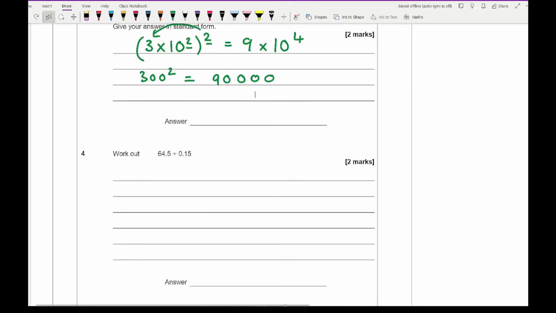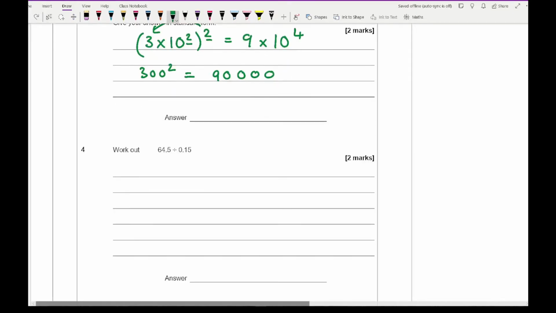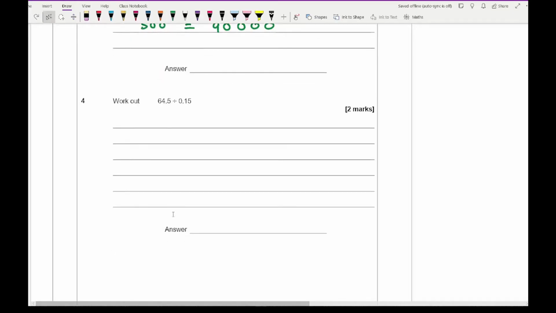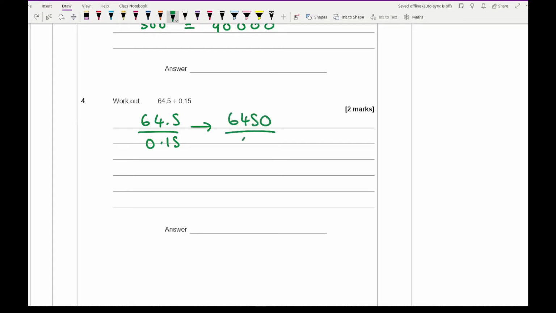The next question says work out 64.5 divided by 0.15. One tactic for doing this is to write the question as a fraction. Then we want to write it so that we haven't got any decimals. If you multiply both numbers by 100, we get 6450 over 15, and then I've just got to do some long division.